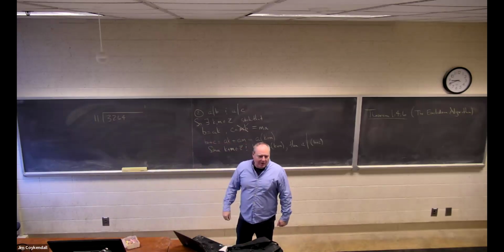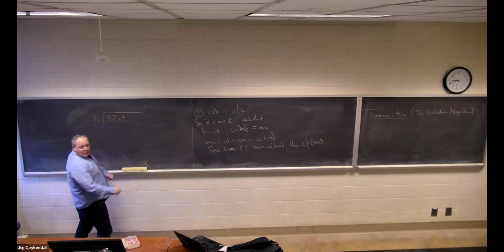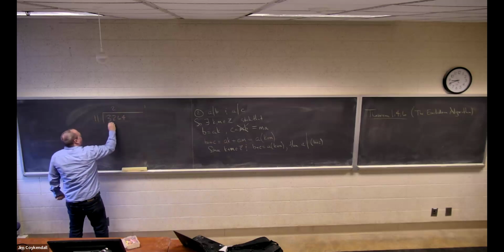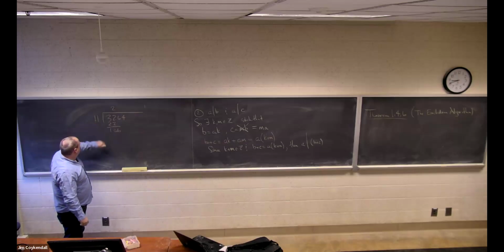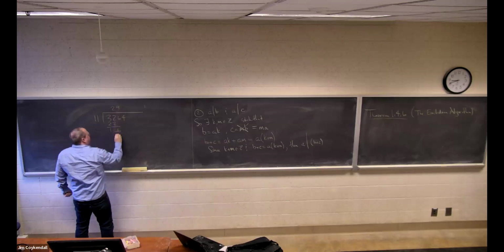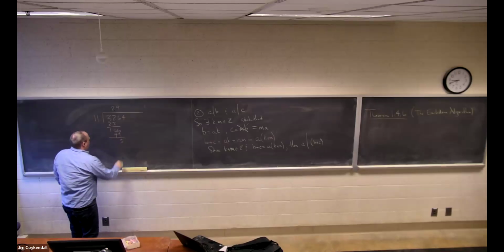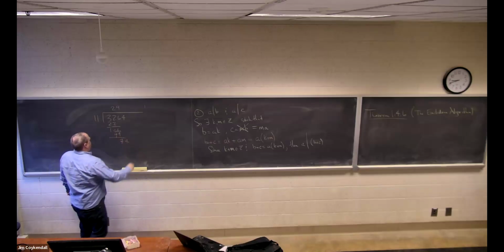How many of you know how to do this problem? Let me show off my math skills. That goes in 9 times, and that leaves me 7. Bring down the 4.